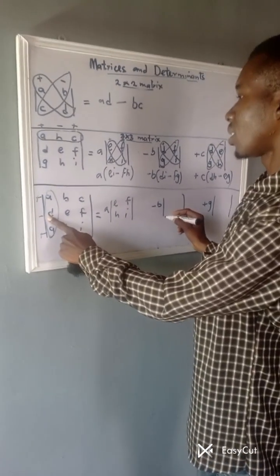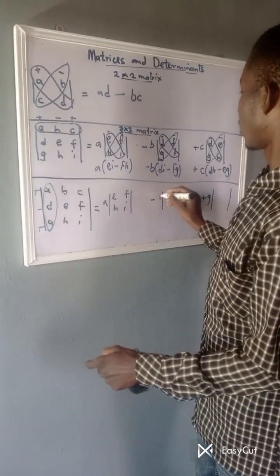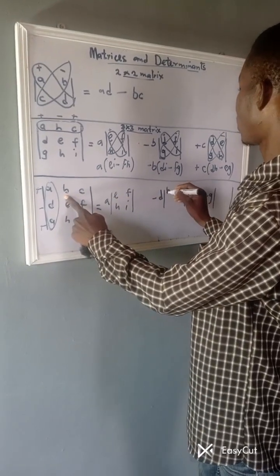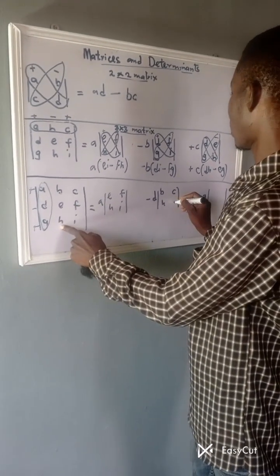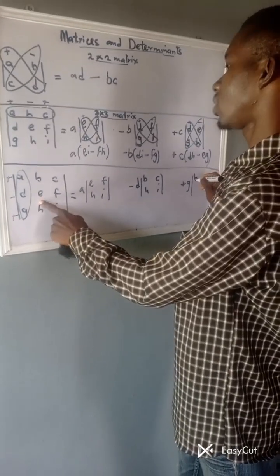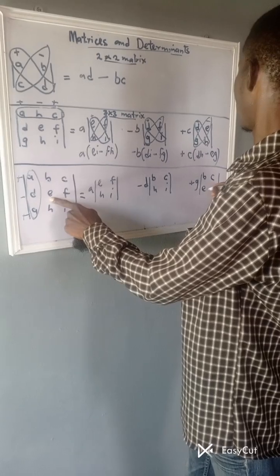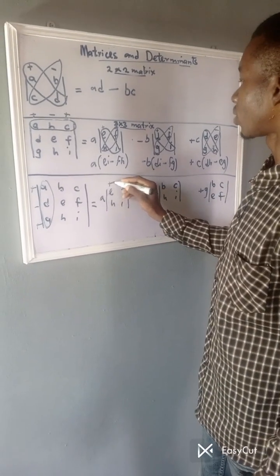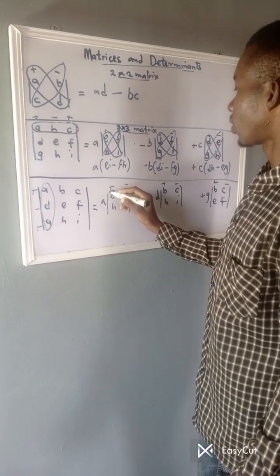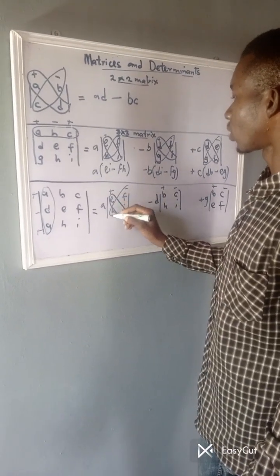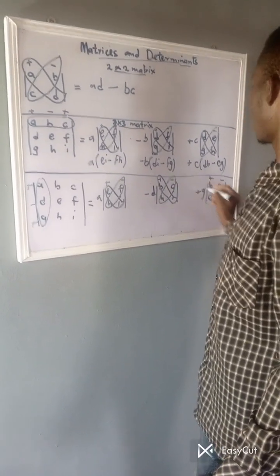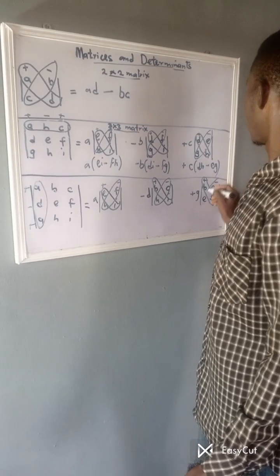If I'm picking D, I exclude its row and column, so it's going to be B, C, H, I. And if I'm picking G, I exclude its row and column, so it's going to be B, C, E, F. We repeat the same process with plus and minus on the diagonals.